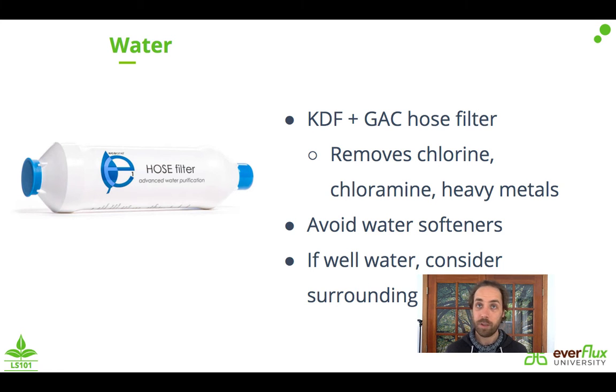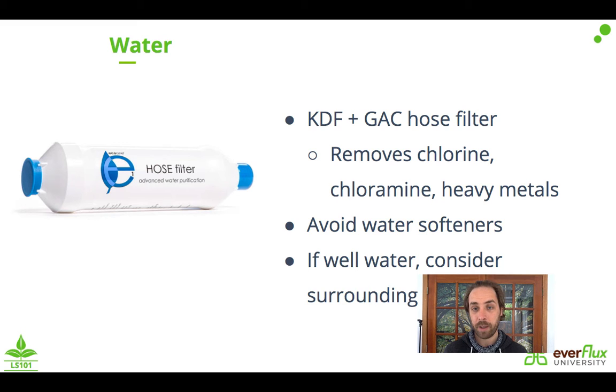You've probably heard about the crisis in Flint, Michigan, where they had tons of heavy metals in their water. So for this, you can get a pretty basic, relatively inexpensive garden hose filter that just attaches onto your hose or to your faucet and will filter the water in line for you. Don't really need anything super fancy. I used one of these in my garden and it worked just fine.